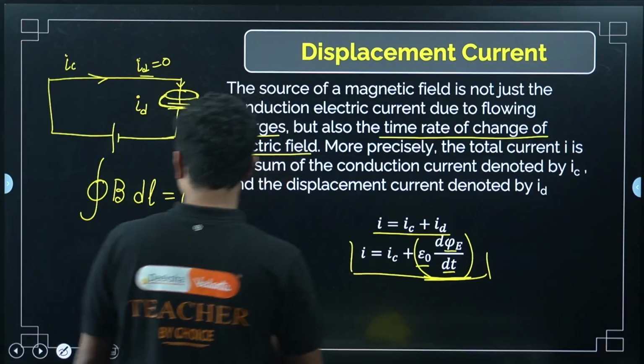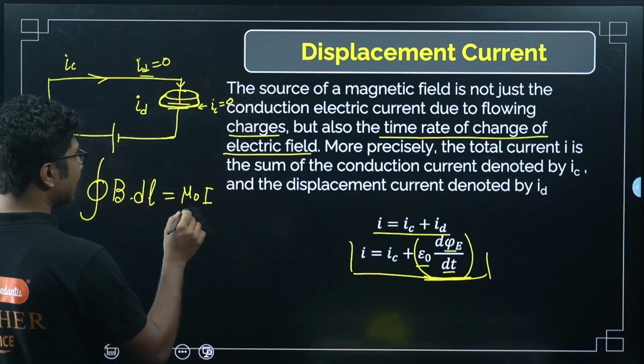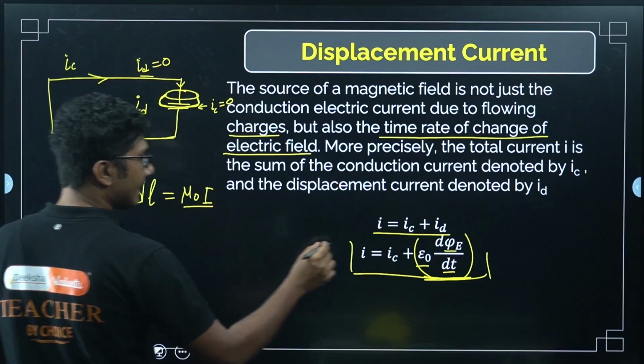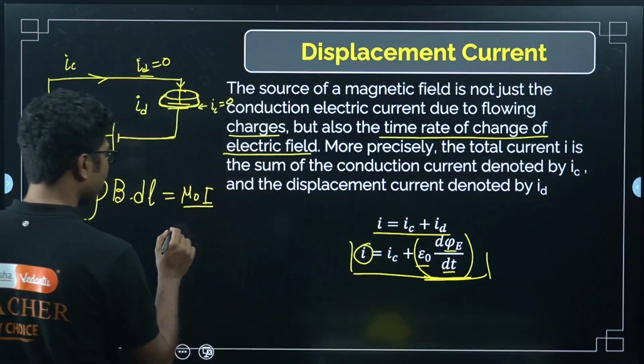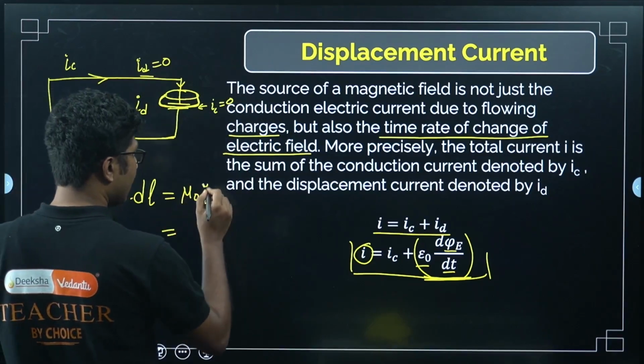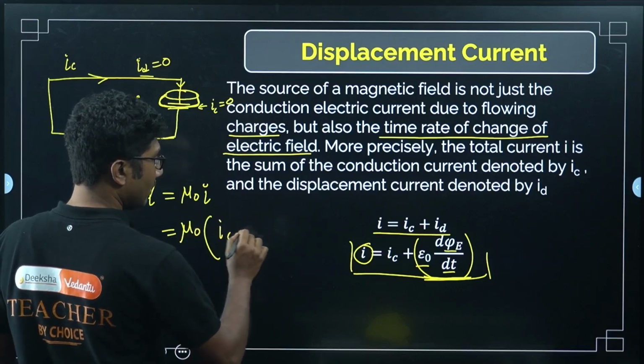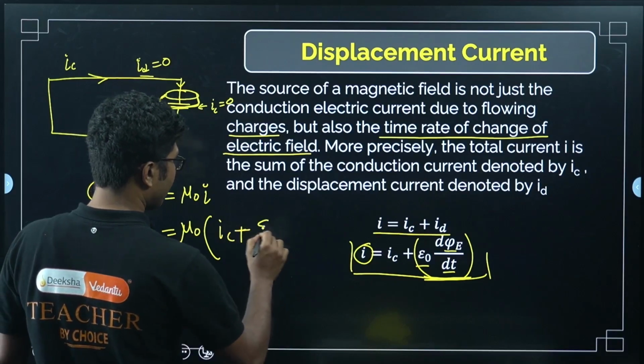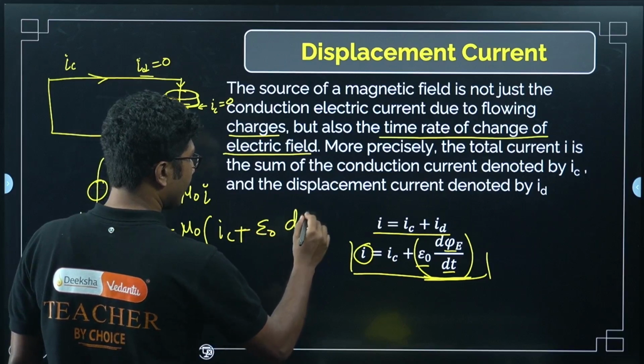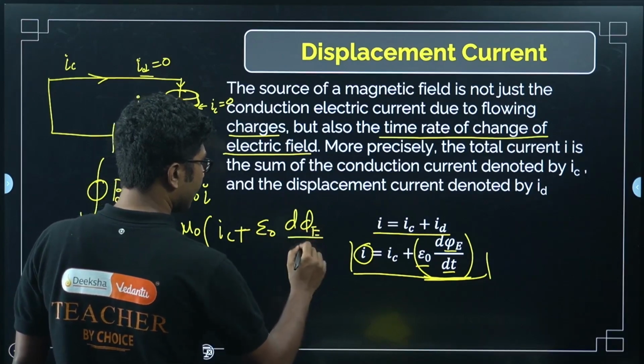So we know that B dot dl is basically mu naught I. So this I is nothing but this. Let us put this value: mu naught times I_C plus epsilon naught d phi E by dt.